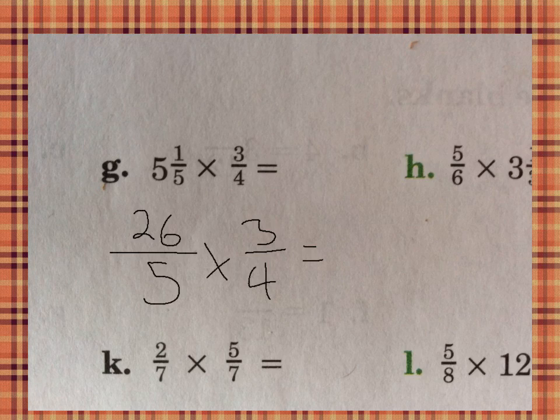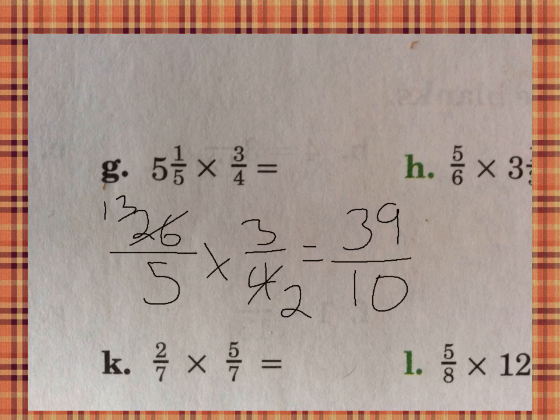Before I do that, let's see if anything will cross cancel. 2 will go into both 26 and 4. 2 goes into 26 13 times. 2 goes into 4 2 times. 13 times 3 will give us 39. 5 times 2 will give us 10.